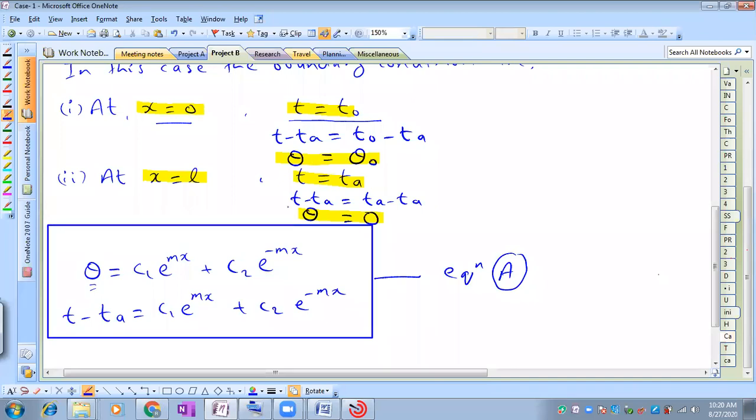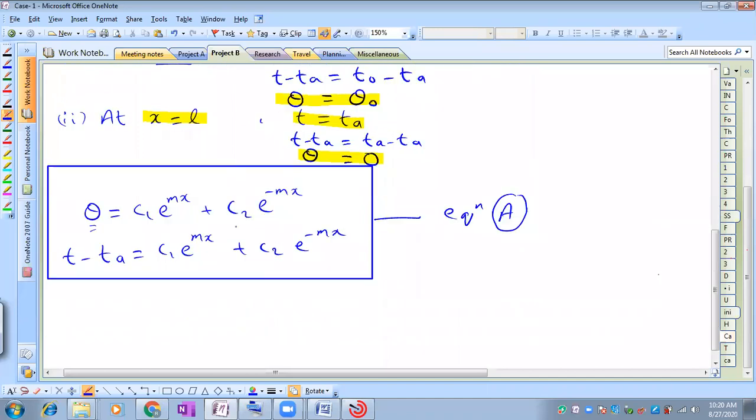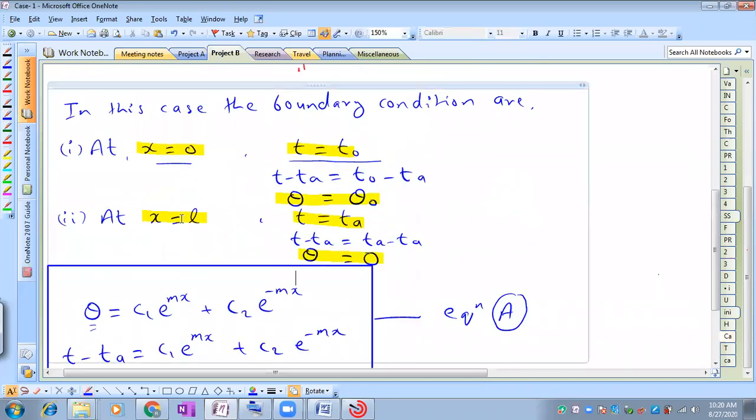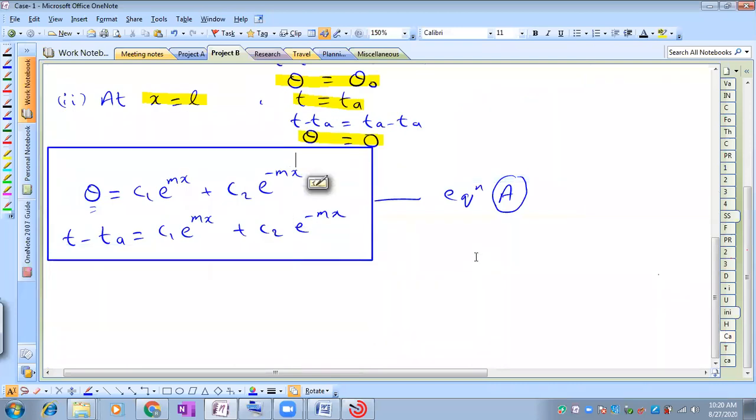Now based on this, if I put my boundary conditions, this is the equation A we consider. So what is the first boundary condition?